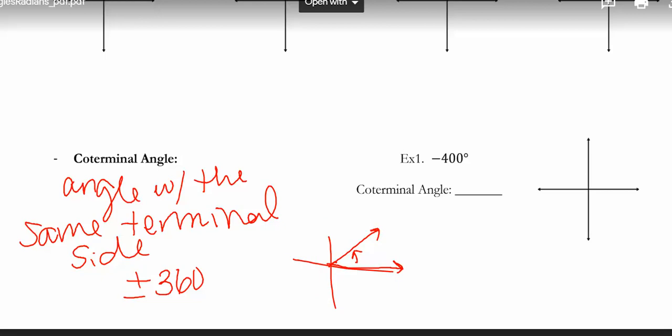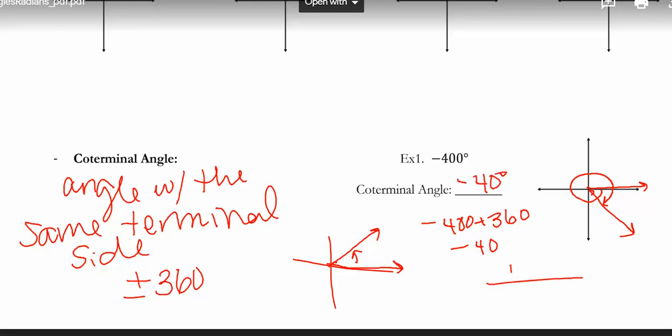If I look at this example, negative 400, I'm going to go all the way around and then a little bit extra. That's right there. Now if I do negative 400 plus 360, that equals negative 40. So that would be a coterminal angle. And sure enough, if I were to graph negative 40 on another coordinate plane, notice this and this would look the exact same.